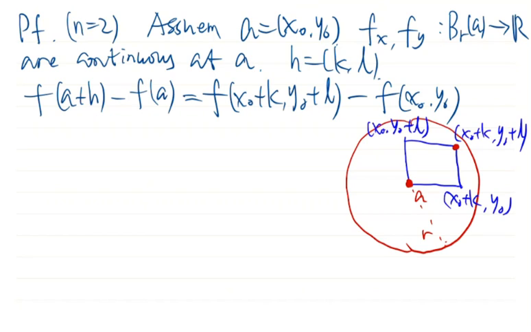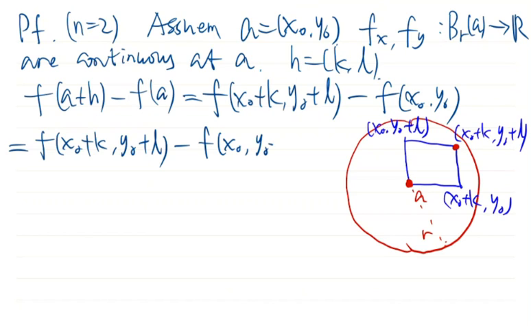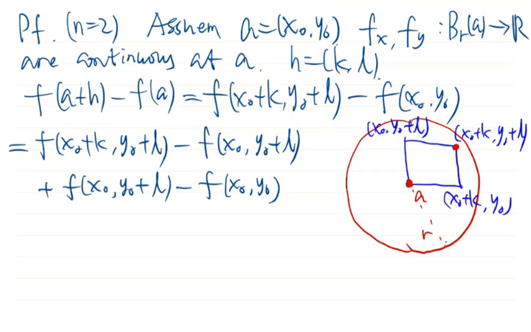How to study this? We write this in this form: f(x0 + k, y0 + l) minus f(x0, y0 + l), and we add it back again: f(x0, y0 + l) minus f(x0, y0).